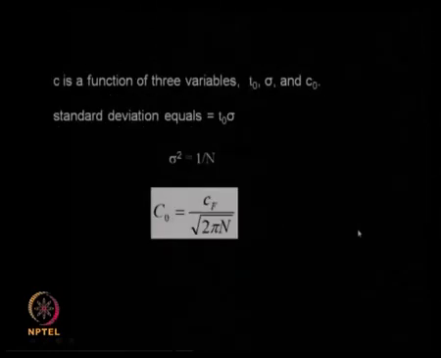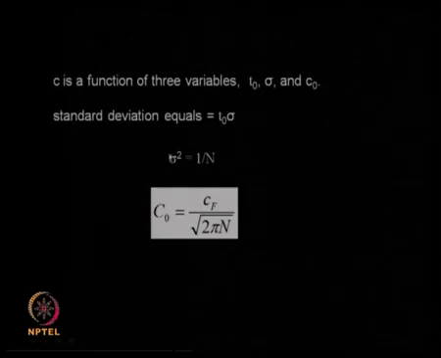Now C is a function of 3 variables, t naught, sigma and C naught, and standard deviation is given by t naught sigma. So by comparing this relationship with the previous relationship which we derived for a discrete stage model, we can say that sigma squared is equal to 1 by n.